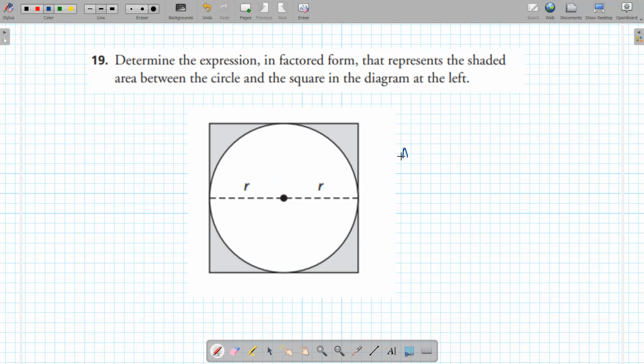Okay, so what's the area of the square? What's the length? 2r times 2r, which is 4r squared. What's the area of the circle?